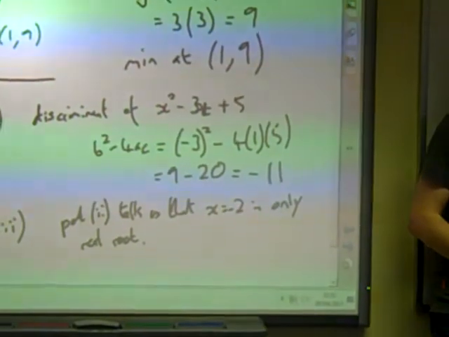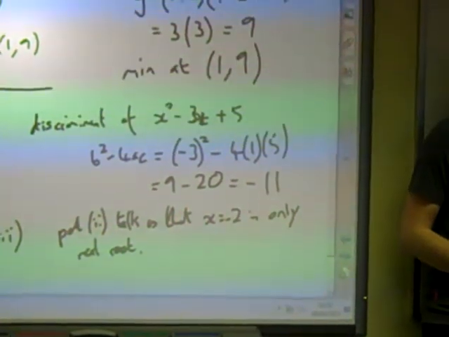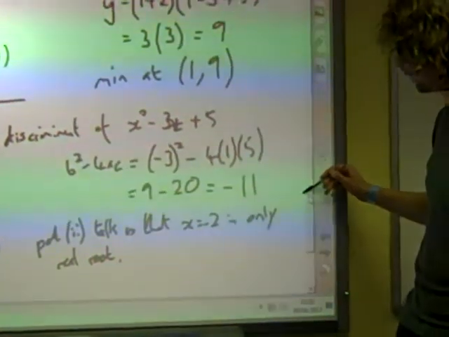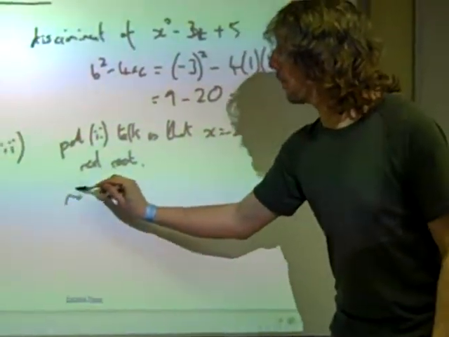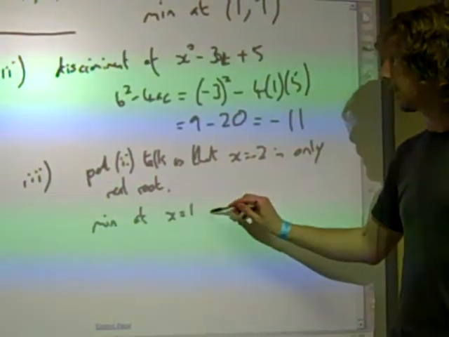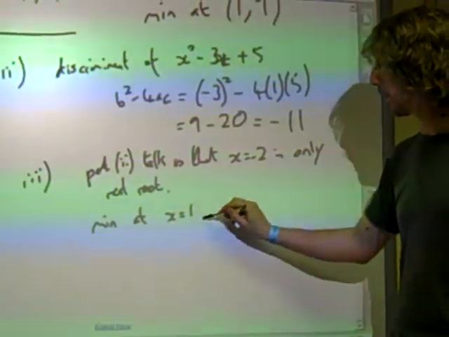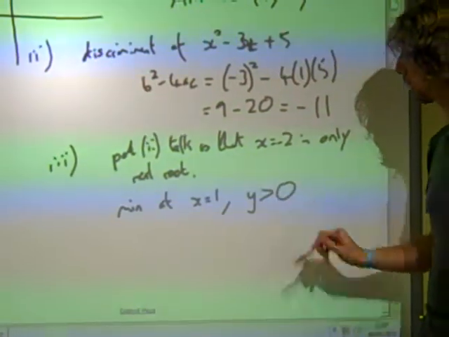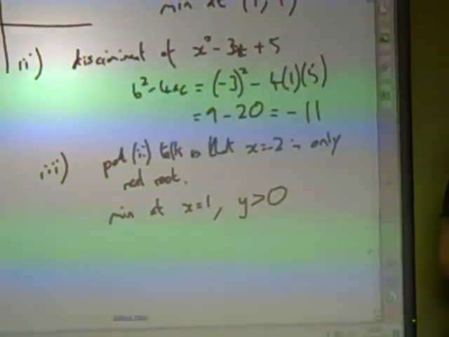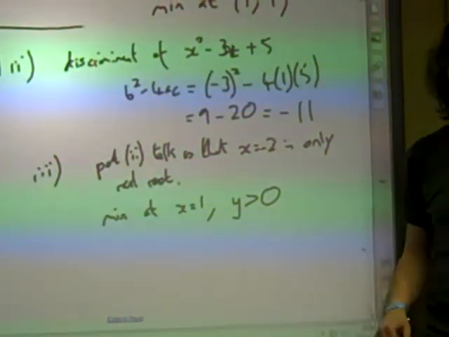The y value of the minimum point is greater than 0 as well, isn't it? The minimum point at x equals 1 has a y value greater than 0. So it crosses at -2.